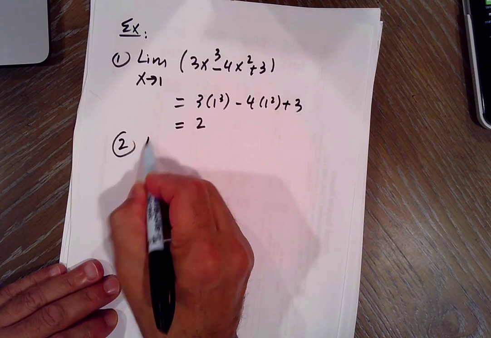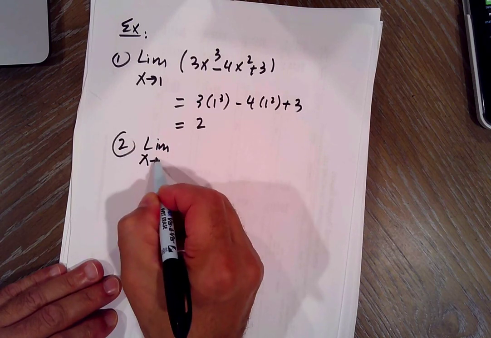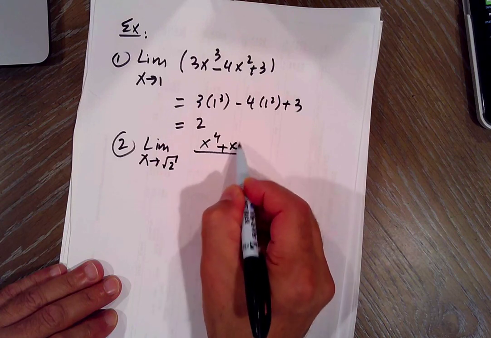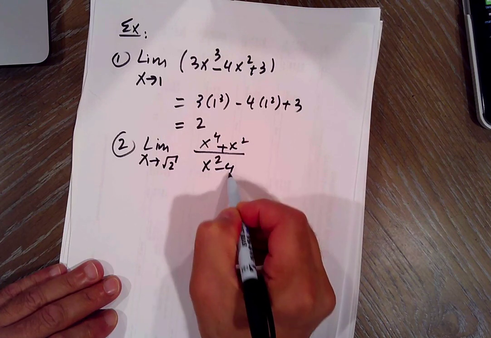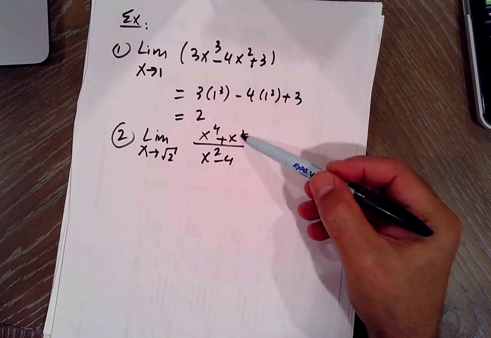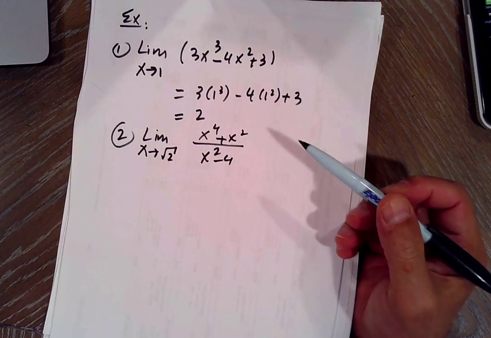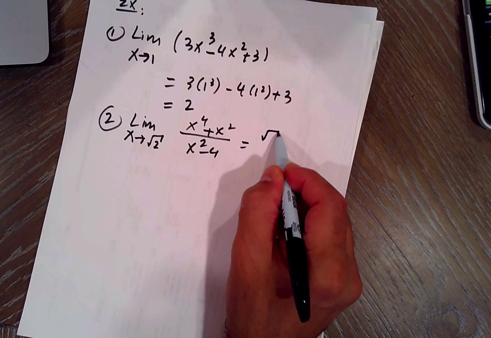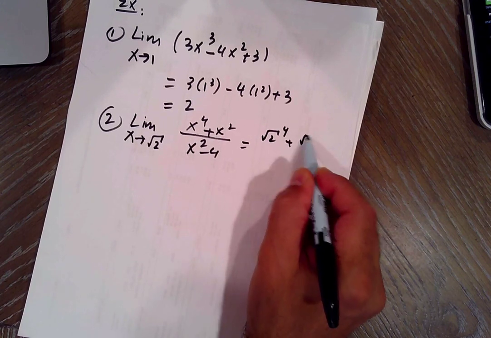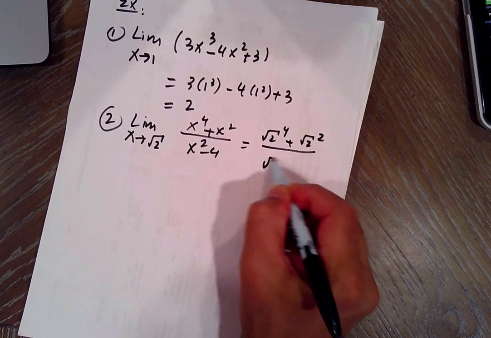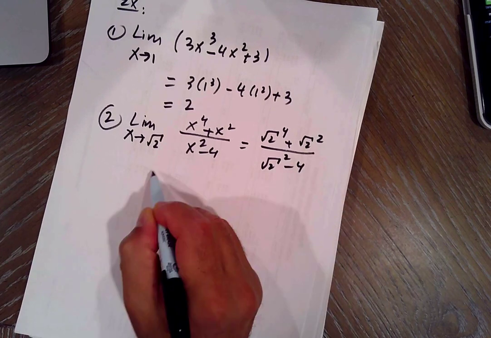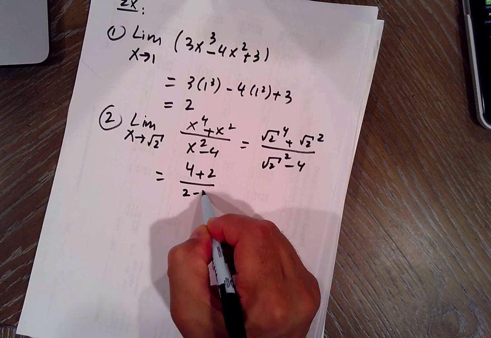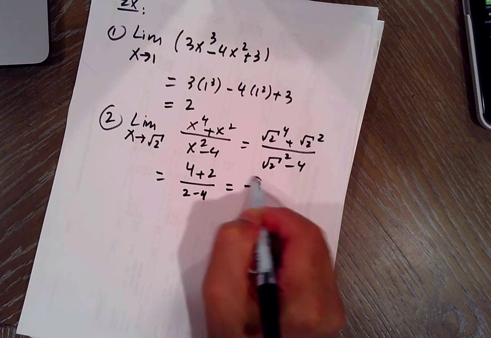Now the limit as x goes to root 2 of x to the 4 plus x squared over x squared minus 4, a rational function, a fraction of two polynomials. Again, we plug it in, so we get root 2 to the 4 plus root 2 squared over root 2 squared minus 4, which would be 4 plus 2 over 2 minus 4, which is negative 3.